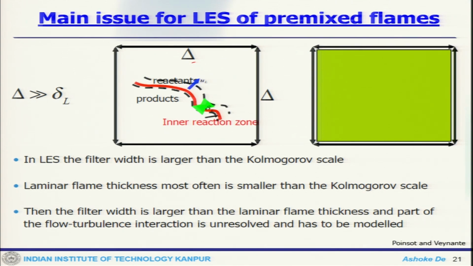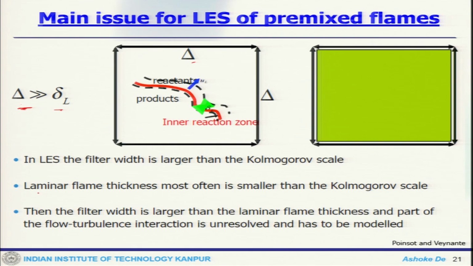So, what happens is essentially the flame front sits inside a grid cell, which means the filter size or the grid size is quite a bit larger than the thickness. That poses a different challenge of how to resolve this flame front.